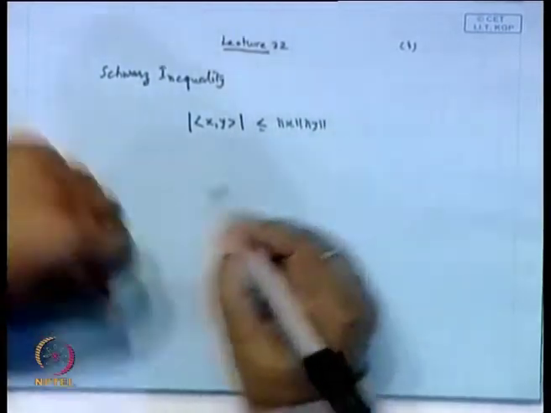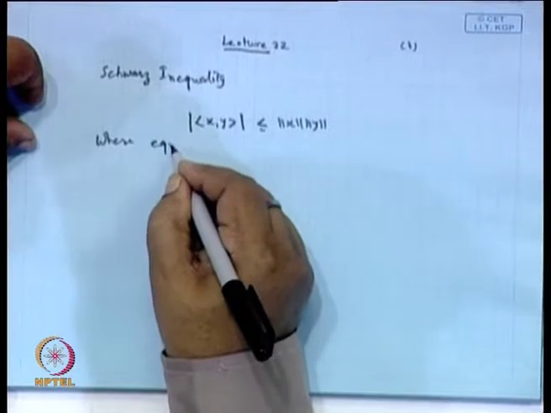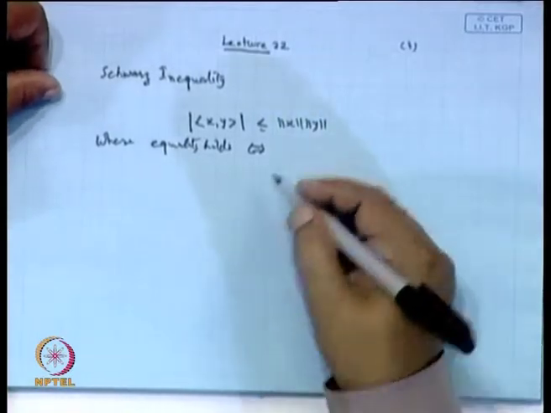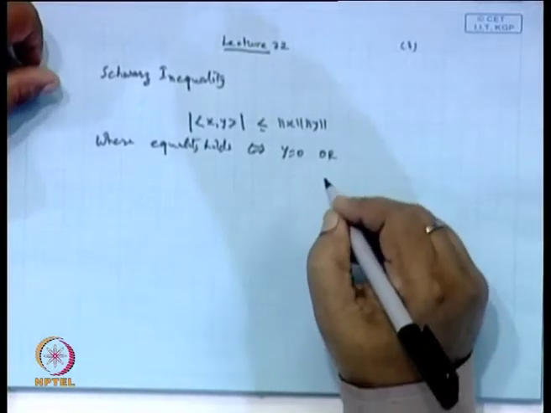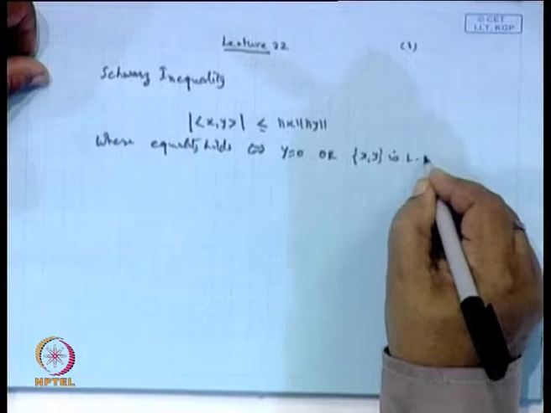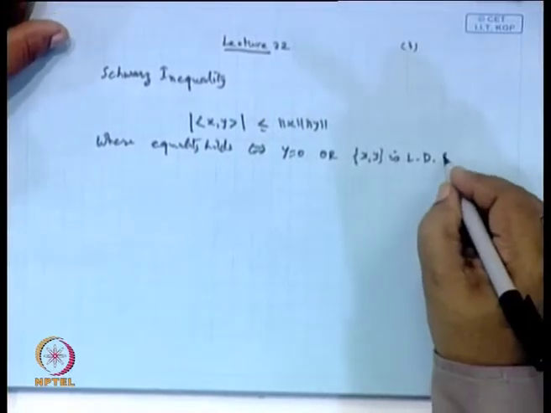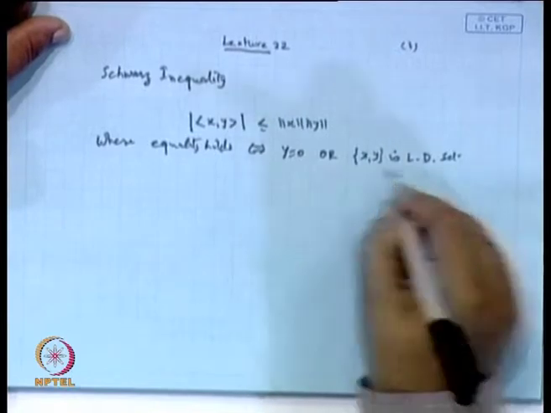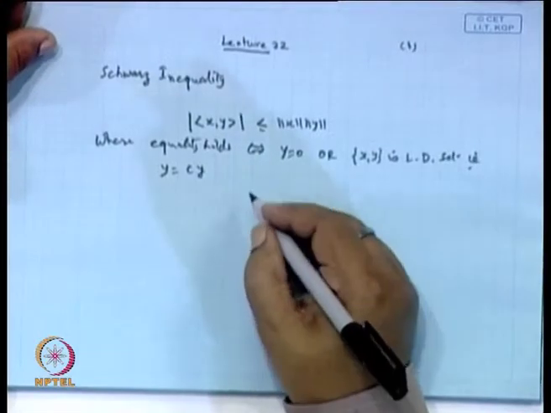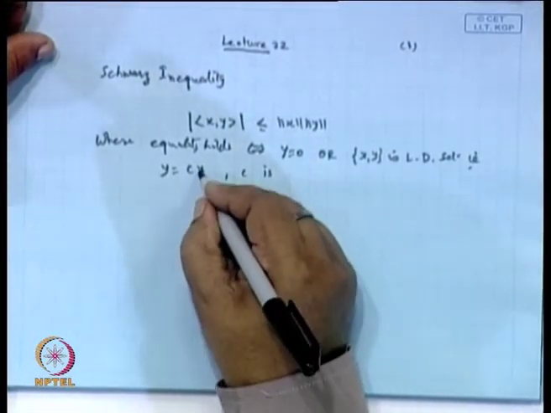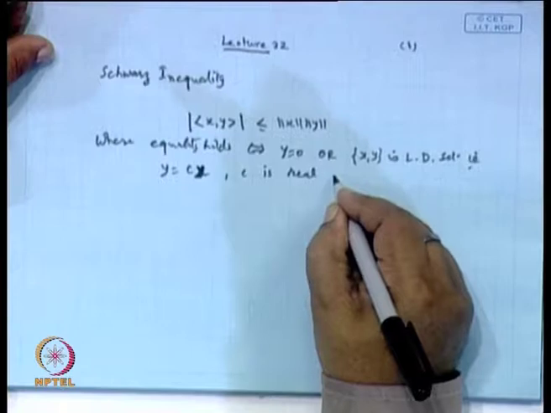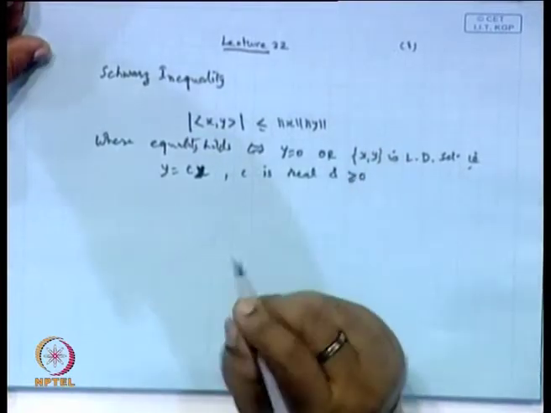where the equality holds if and only if either y is 0 or x is c y, or this set is linearly dependent, that is x is equal to c y, where c is real and greater than 0, or equal to 0 at the most.